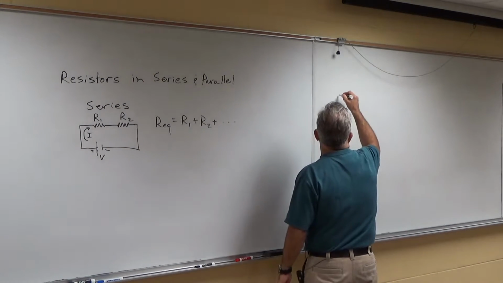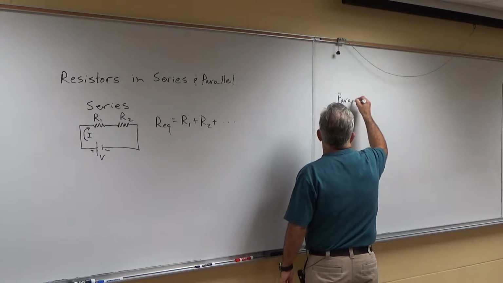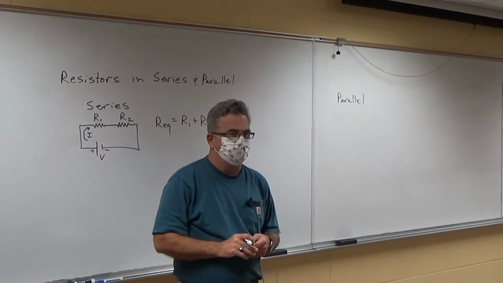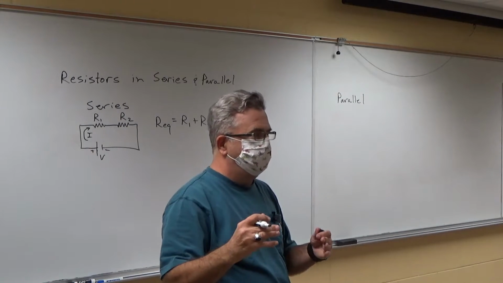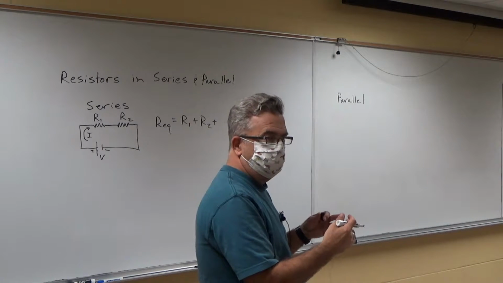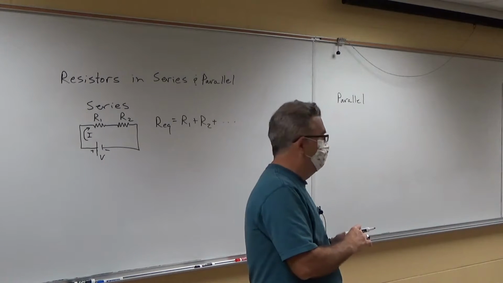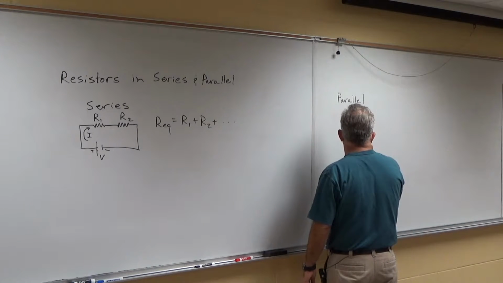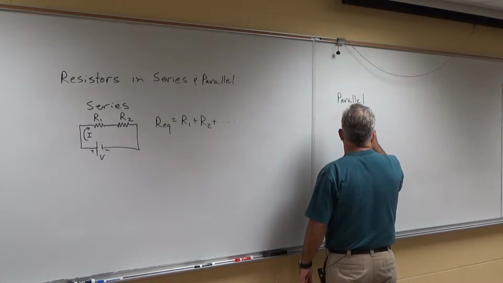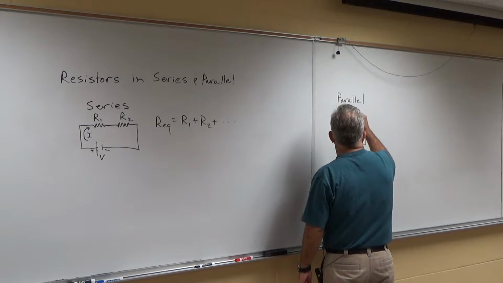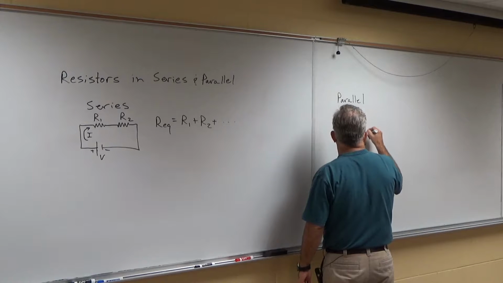Parallel. These connections are just like capacitors. Series and parallel refers to how they're connected, but finding the equivalence is opposite. Okay? So for parallel resistors, the connection is just like you would have with capacitors.